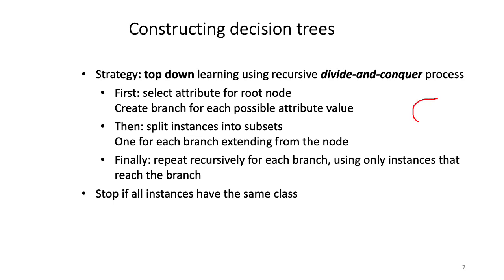So for instance, you can create the first node in your tree, which will be one of the attributes, for instance the Outlook attribute, and then you create different branches for different attribute values like sunny, overcast, rainy, and then you break down your initial data set into different subsets that will go down each one of these paths depending on which attribute value they correspond to.